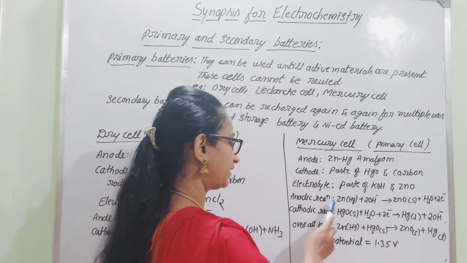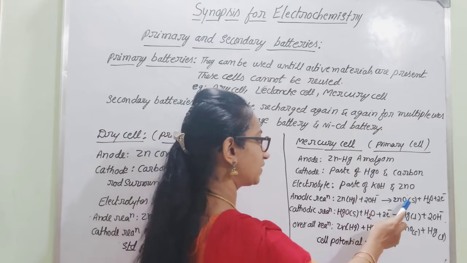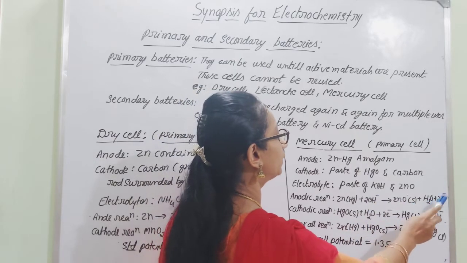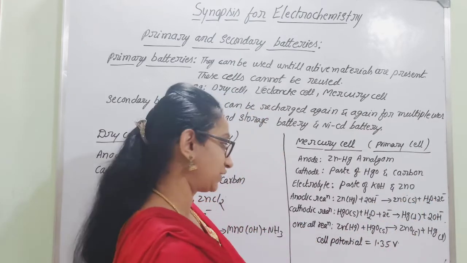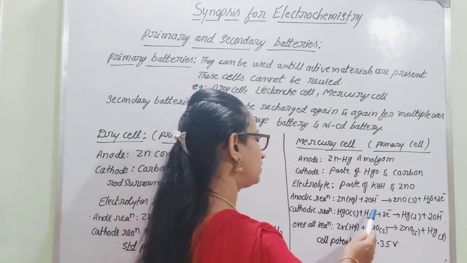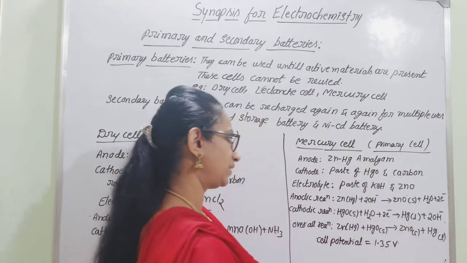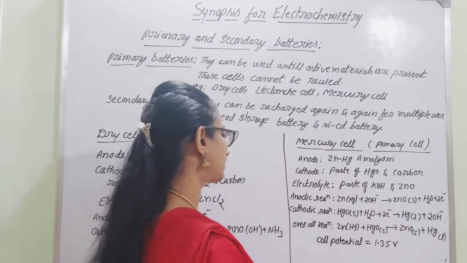In the anodic reaction, zinc amalgam combines with 2 OH- ions to give zinc oxide and water with the liberation of 2 electrons. In the cathodic reaction, HgO combines with water along with 2 electrons and is reduced to mercury with the liberation of 2 OH- ions.